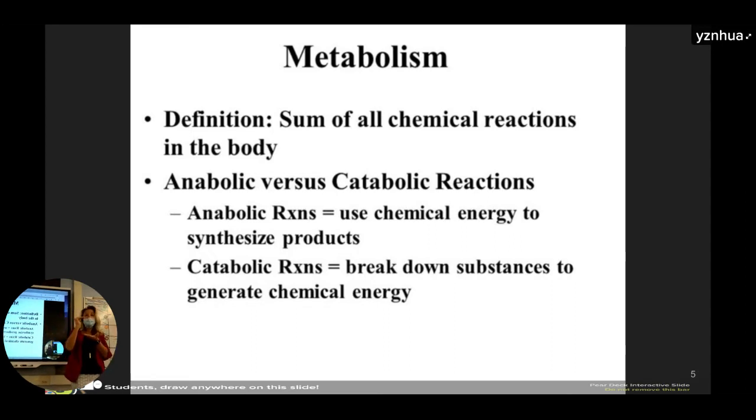Lowering that hurdle is what enzymes do to make the reaction go forward. Remember, heat will make any reaction go forward because you increase the kinetic energy, so it's more likely to occur. But we want only specific reactions to go forward, and that's why we use enzymes.